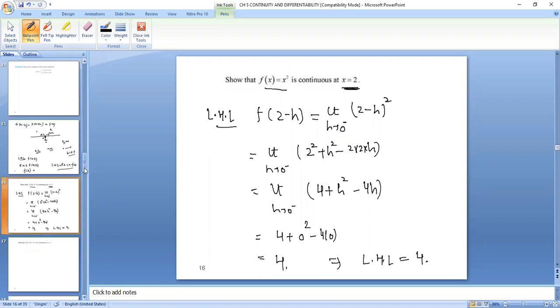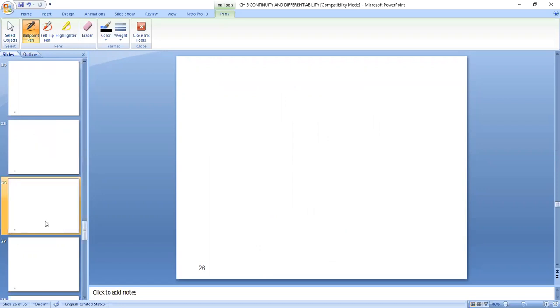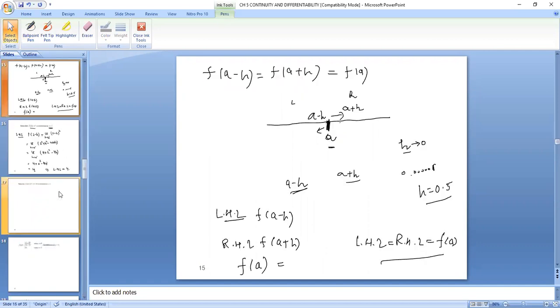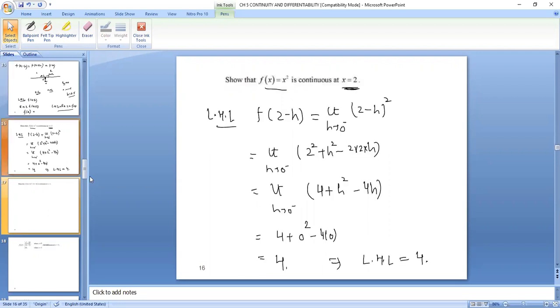Now we will find the right hand limit, and then we will check whether the left hand limit is equal to the right hand limit, right? Okay. So the very first, we have to check the continuity at x equals 2. For that, we are finding the left hand limit.